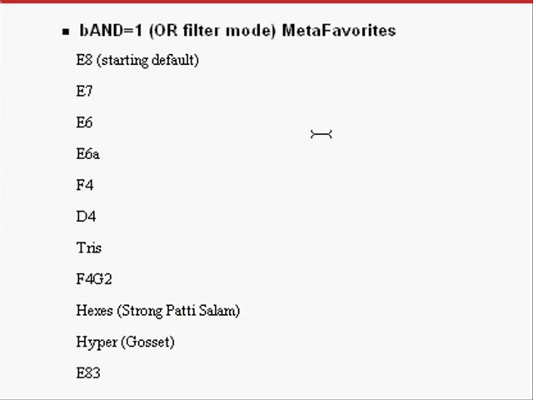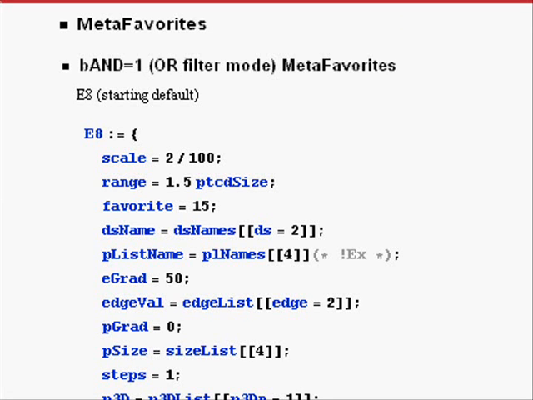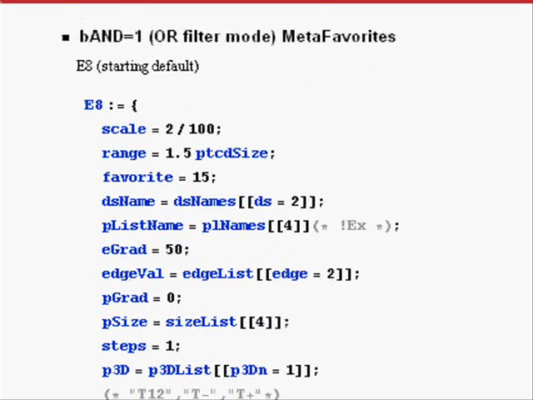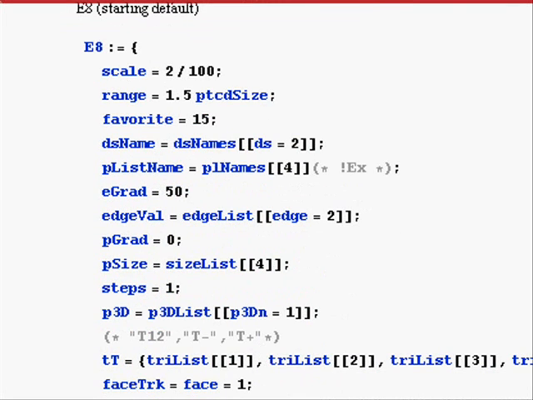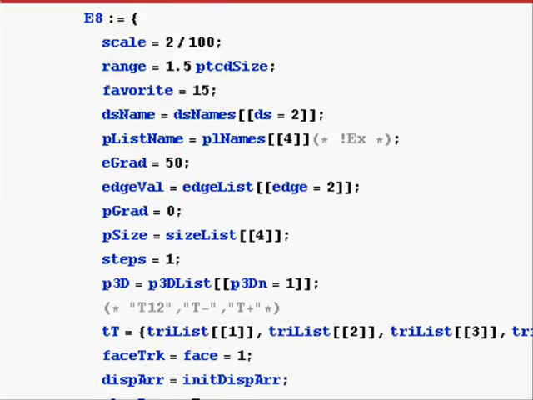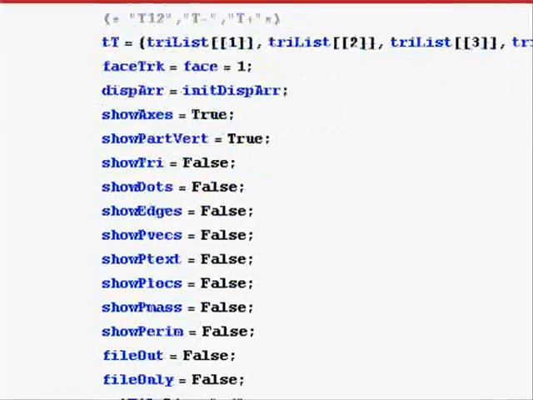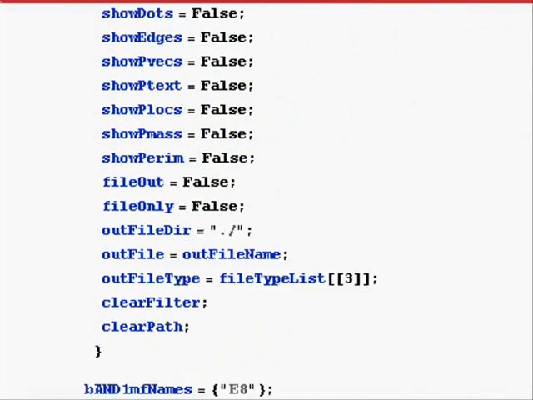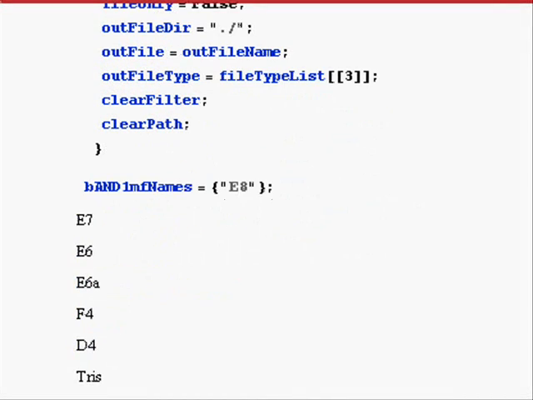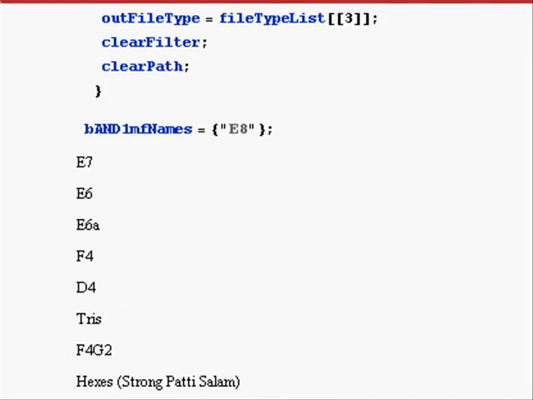I'd like to go into some of the metafavorite representations. The default representation for the model is E8, which gives a specific assignment to every parameter available in the model. So all of the other metafavorites derive as a delta off of that assignment.